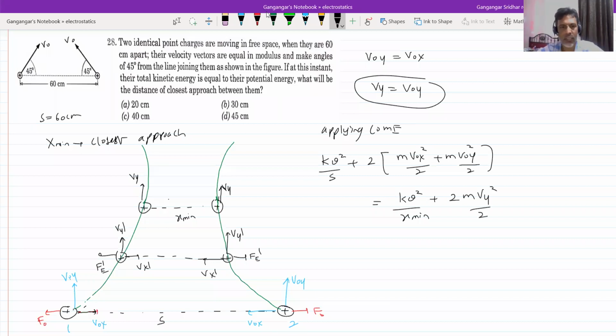What will happen to Vx square? No horizontal component. At closest approach, the horizontal component of velocity will be 0. Very next moment, the particle is going to have velocity.